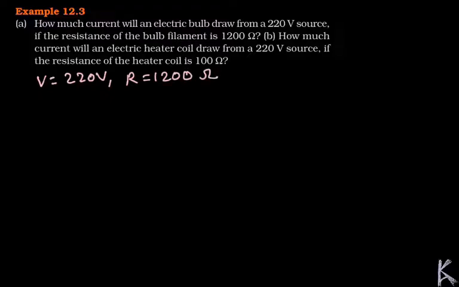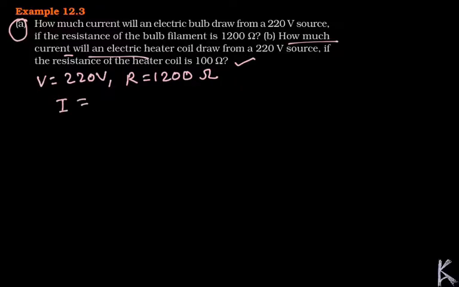Now we also have to find how much current will an electric heater coil draw from a 220 volt source if the resistance of the heater coil is 100 ohm. First is A, so we will find I for this.